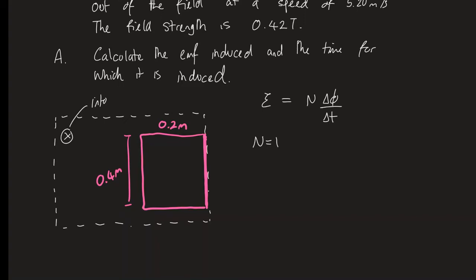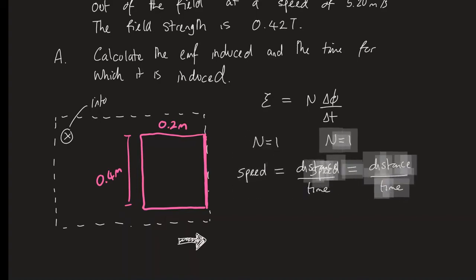The amount of time this takes, well, if this were to go faster, it would take less time. If the loop were to travel slowly out to the right, then it would take a long time. So we should think to use the speed to determine the amount of time this takes. If something travels at a constant speed, speed is distance over time.